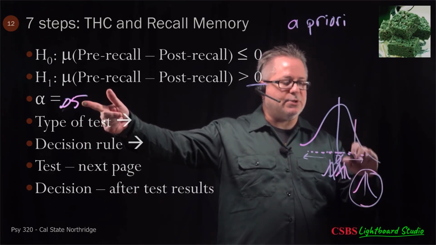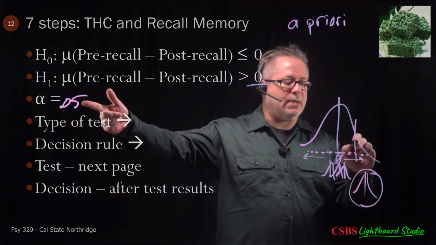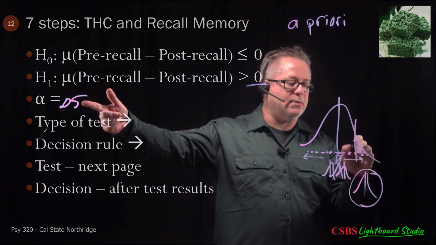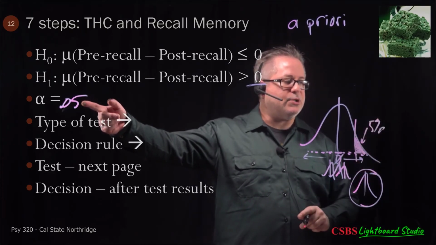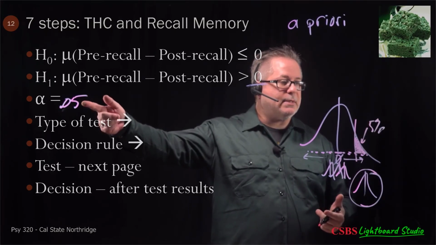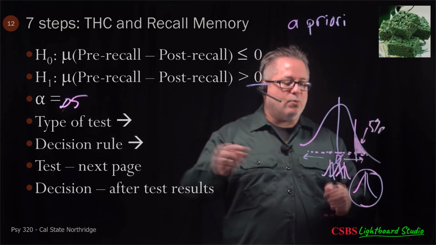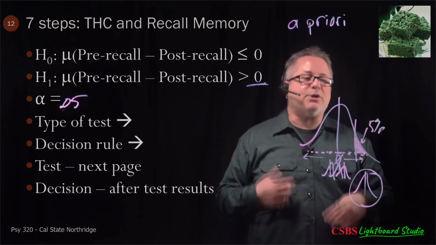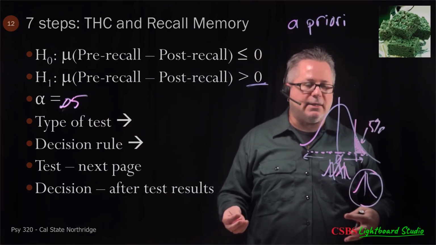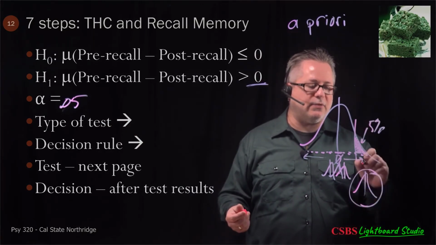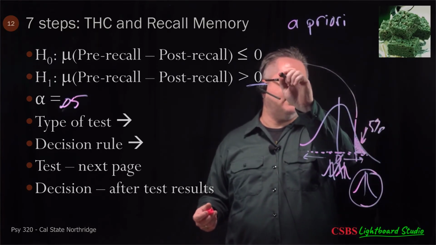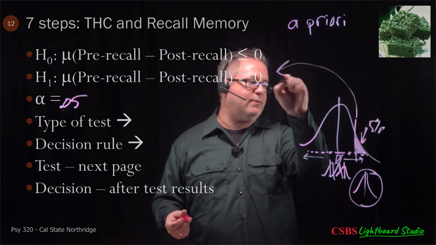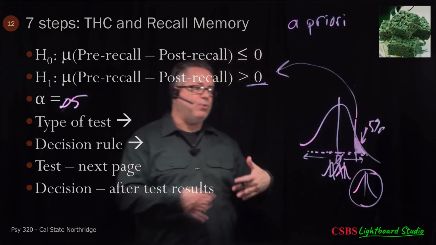So it means that our sample has to be somewhere over in this tail. If I'm doing a one-tailed test, it has to be somewhere over here in this 5% region. And if it is, then random chance is not a very good explanation for how we got that sample. It's more likely that the sample is out here because of the THC, because the THC actually moved them up there.